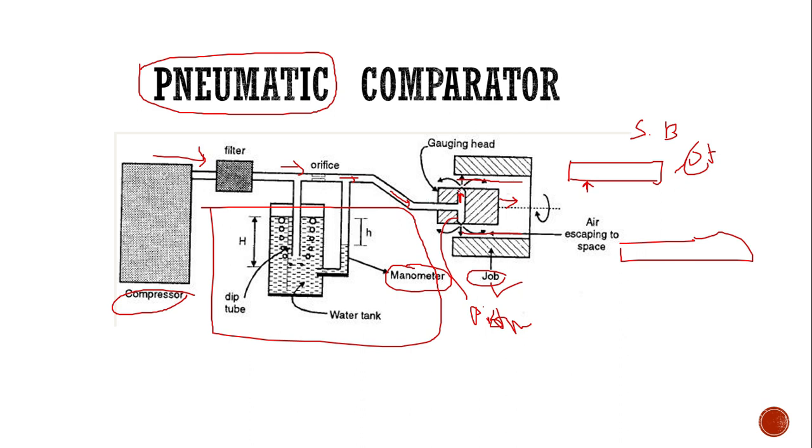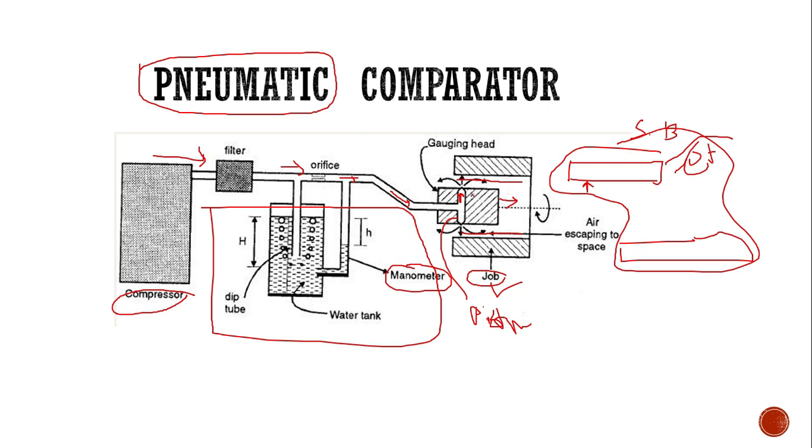We have to ensure that the back pressure is close to whatever back pressure we got with the help of the standard. So this is basically a simple construction of a pneumatic comparator, where with the help of the back pressure generated when this air impacts the surface, we can compare the dimensions.